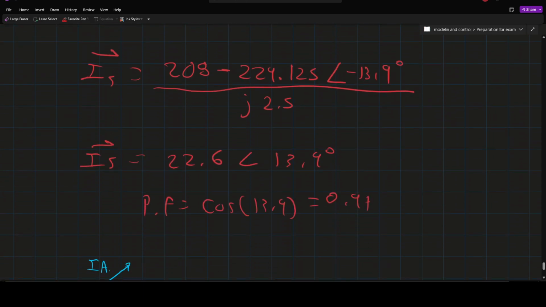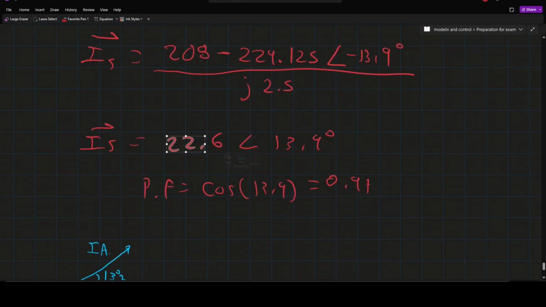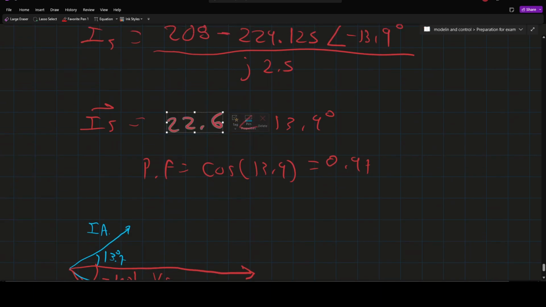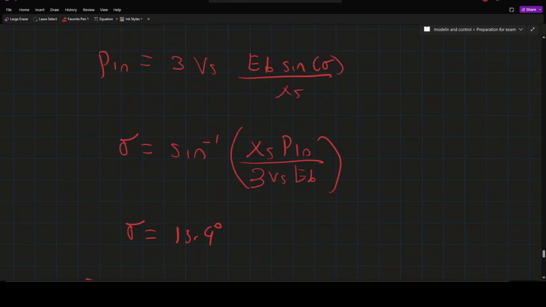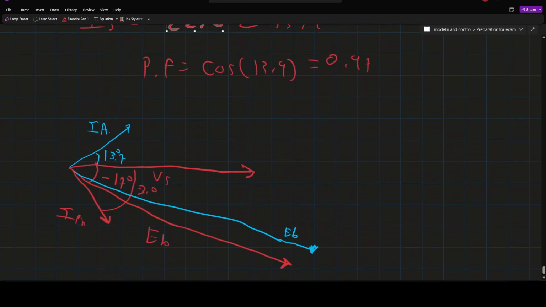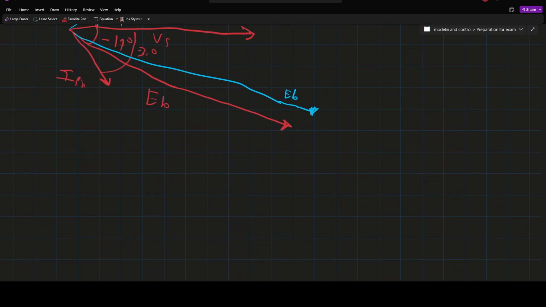Now, if we think about it, when our current IF increases, our IA has to decrease. So for this, let's do it in MATLAB.